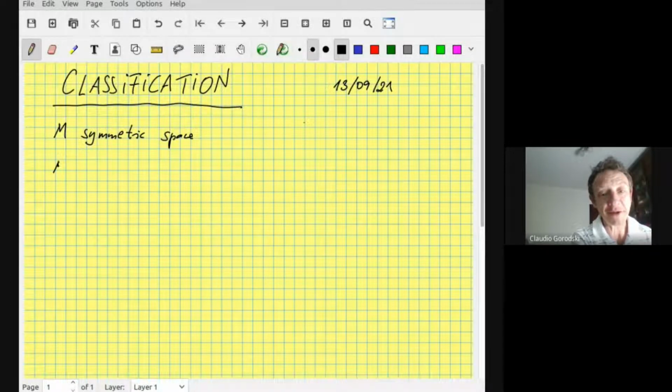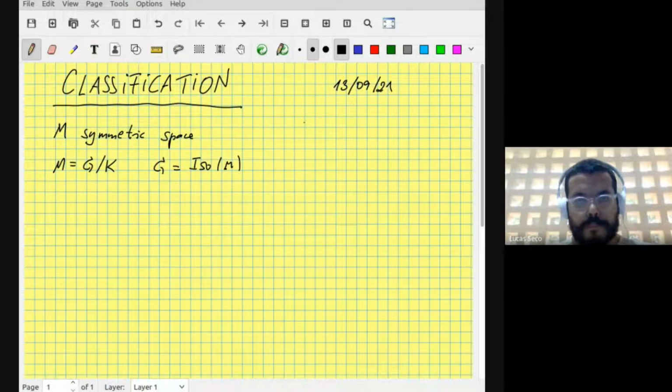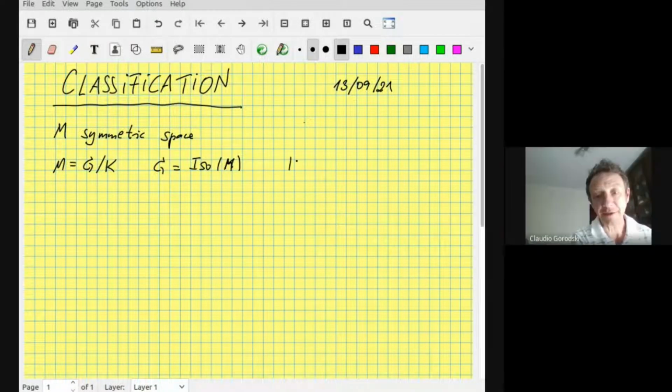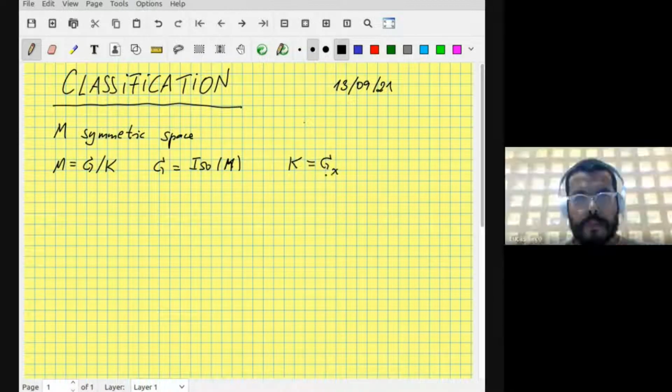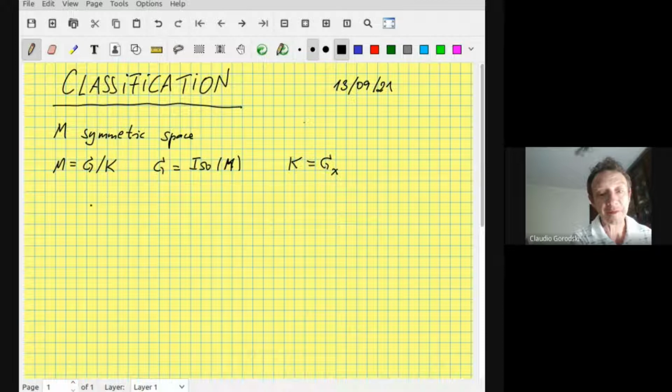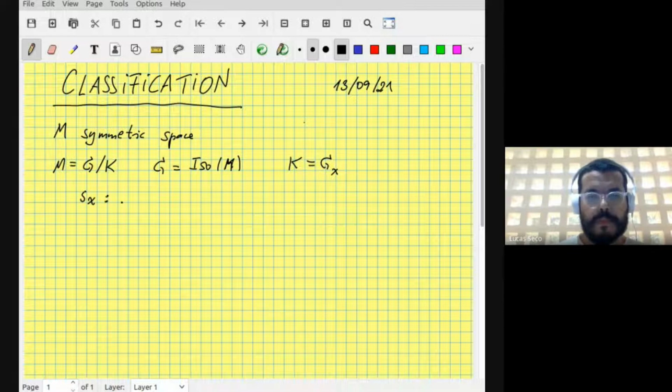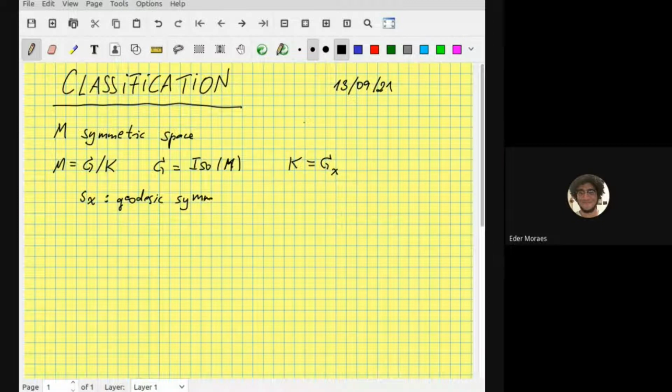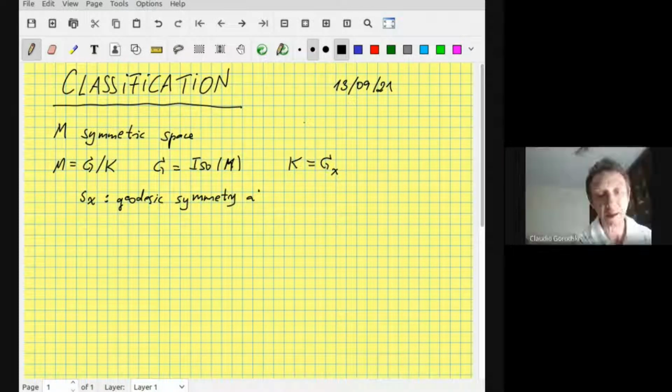So we know M is homogeneous, so we can write it as a homogeneous space. So G, say, is the full group of isometries here. K is the isotropy group at the base point, and then we have the geodesic symmetry at the base point, which is the geodesic reflection, it's an isometry.